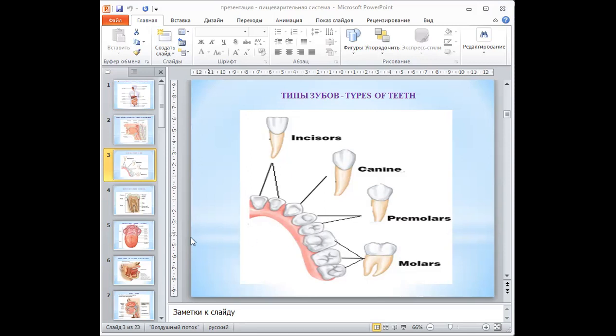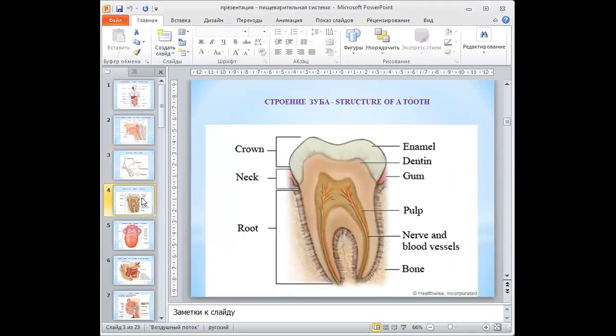The tooth consists of the tooth crown. It is the part of the tooth which protrudes above the gum. The tooth neck, the narrow part, is covered by the gum.